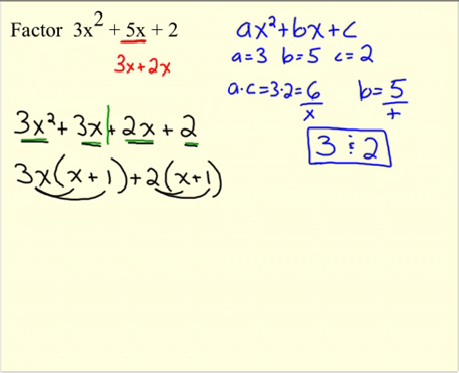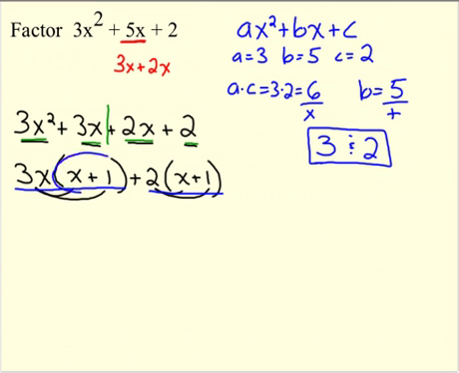Now I still have one more step, and that is to factor our result here. In essence, we've taken a 4-term polynomial and made it into two big terms. One term is 3x times x plus 1. The other is 2 times x plus 1. And so if I look at each one of those terms and ask, what's in each one of those that I can divide out?